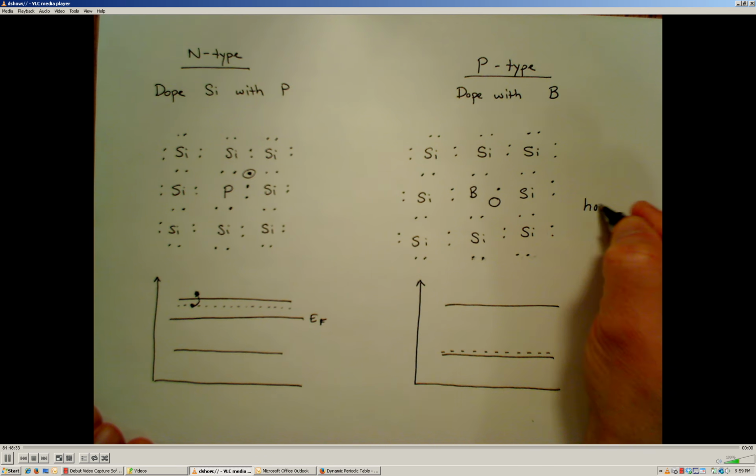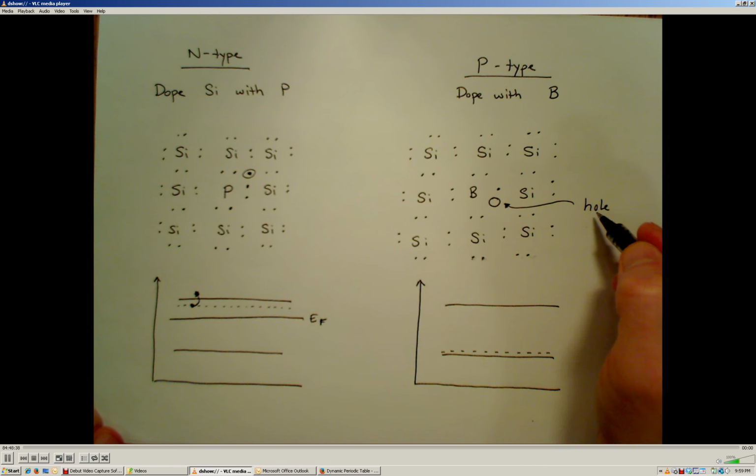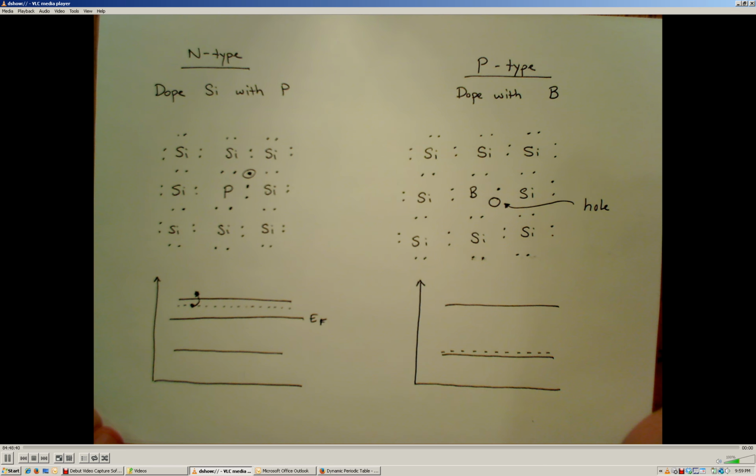All right, so conceptually what's going on here is we pretend that this absence of an electron acts just like an electron with an opposite charge. And we have that hole, and holes, since they're anti-electrons, want to decrease their energy.